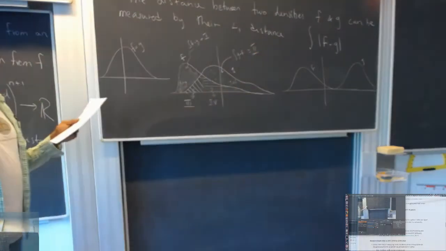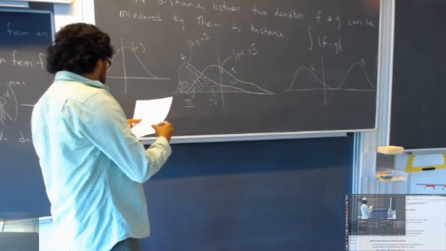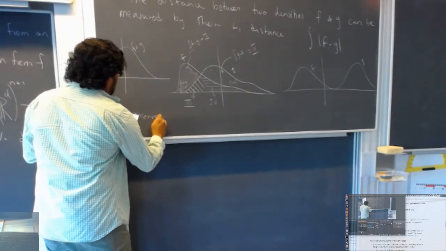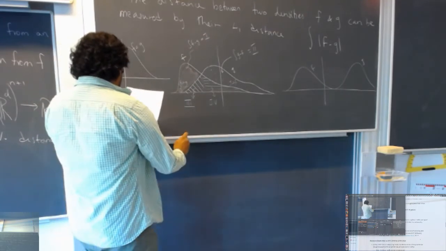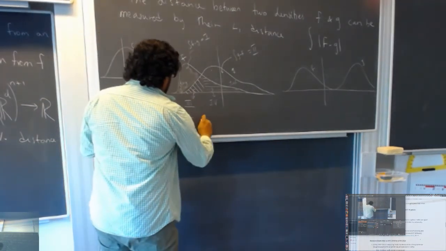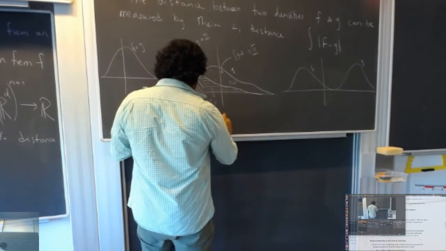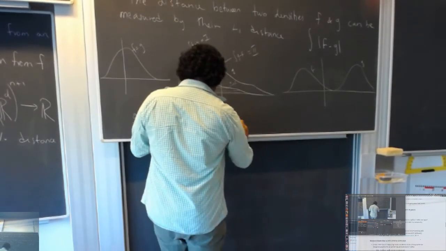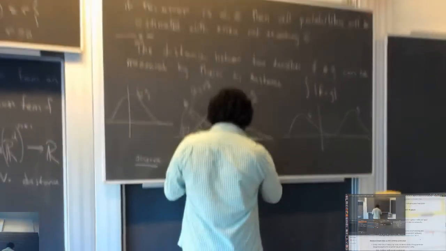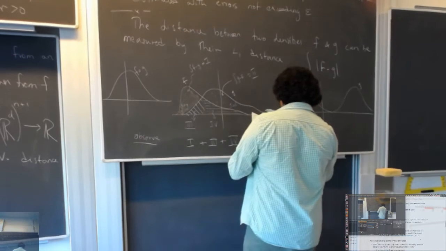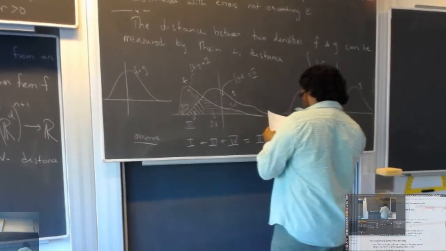So what is Scheffé's identity? It comes from two basic facts. We observe, one, that 1 plus 3 plus 4 is equal to 2 plus 3 plus 4, is equal to 1.